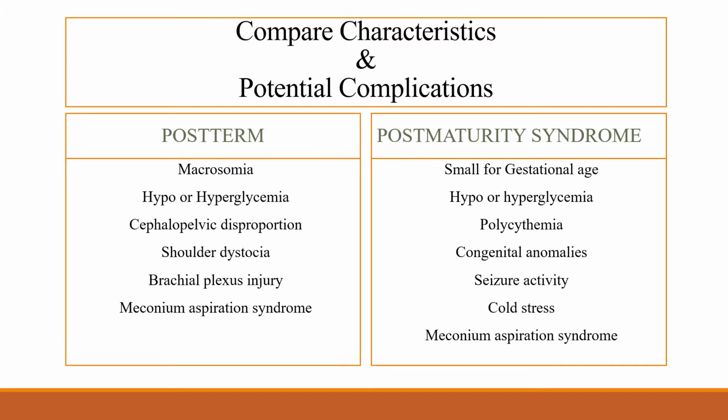They may have impaired gas exchange related to airway obstruction from meconium aspiration, and they may also have ineffective peripheral tissue perfusion related to increased blood viscosity caused by the polycythemia. These nursing diagnoses are also located on page 576 of your textbook.